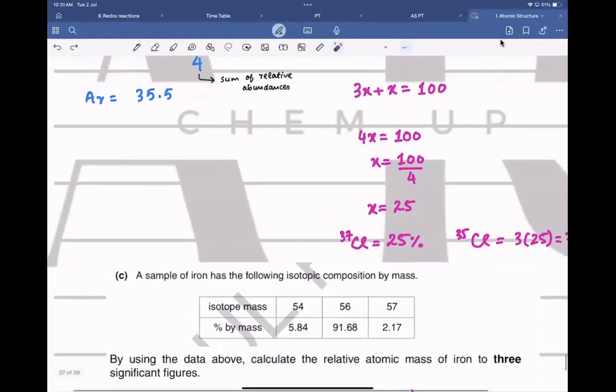Now, you have mentioned the answer is 0.607, right? Yes. And it's the relative atomic mass of iron, isn't it? Yes. So you have 3 isotopes of iron. One has a mass of 54, one has 56, and one has 57, right?